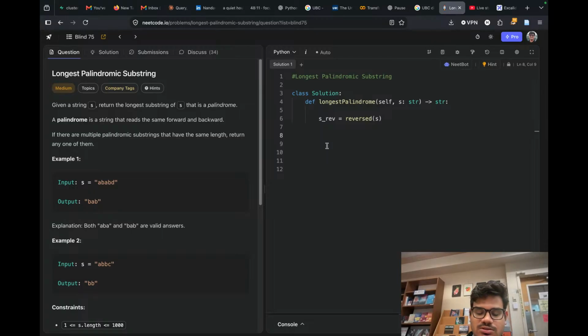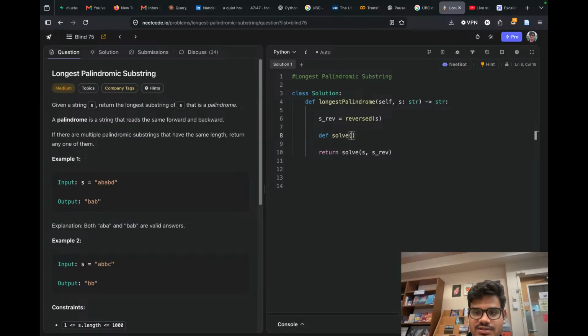We'll just return solve, and then it will be s and s rev, right? Let's take def here and then let's just solve it.